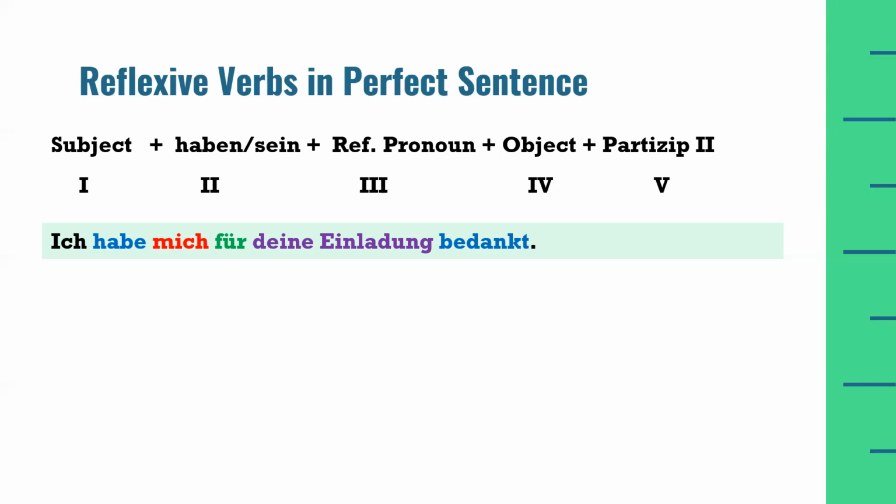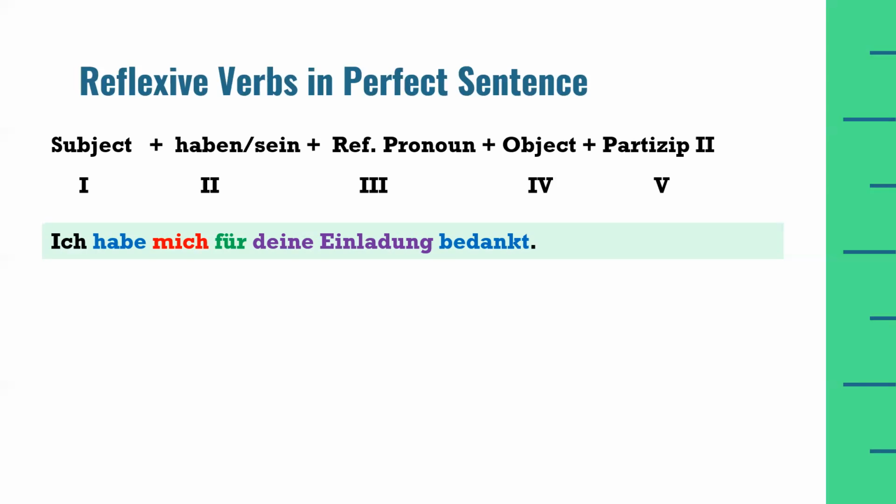In this sentence, ich comes at the first position. At second position, we will use the verb haben and we will conjugate it according to the subject. So haben becomes habe. Then comes the reflexive pronoun, and for the subject ich, the reflexive pronoun is mich. Then comes the preposition für deine Einladung.